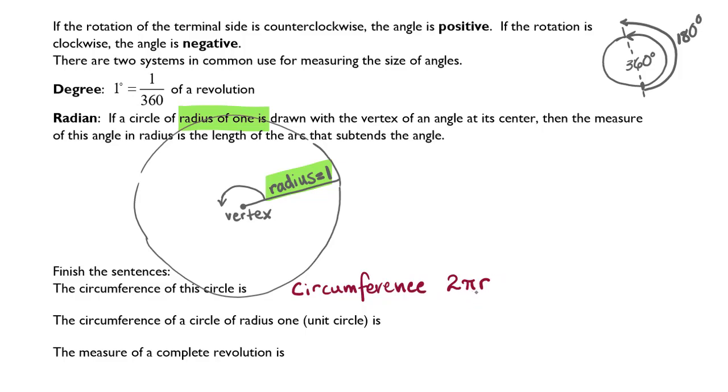Or you could just say pi times the diameter. So if we know the radius is 1, then the circumference of this circle is 2 pi, because 1 multiplied by 2 pi is still 2 pi.